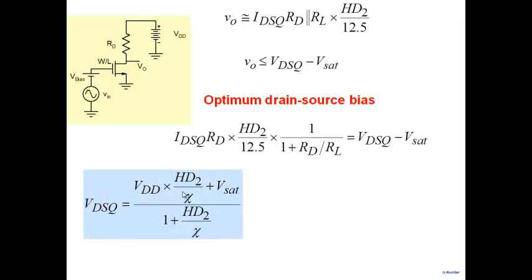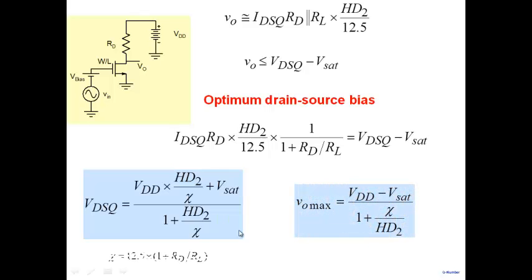VDSQ is equal to VDD times HD2 plus VSAT here, and that's the maximum swing that you can get here. This parameter is 1 over 2.51 plus RD by R. Okay, so that's how you bias your transistor to obtain maximum voltage swing for a given harmonic distortion, second harmonic distortion. So the expression looks a little bit complicated here. If you want to remember, you can go ahead and remember.